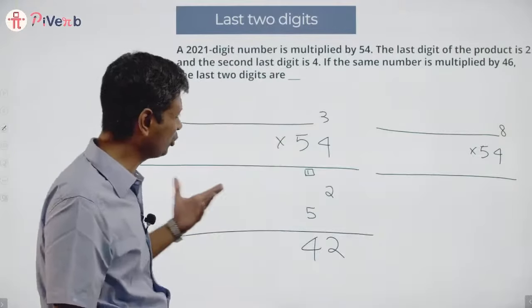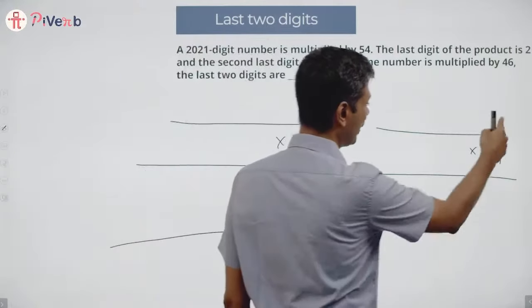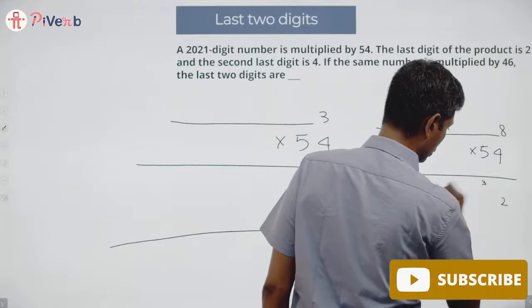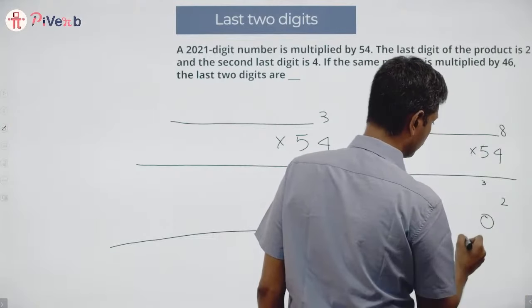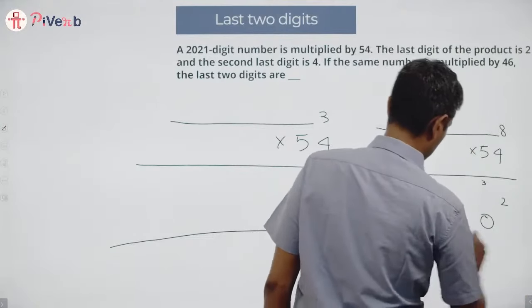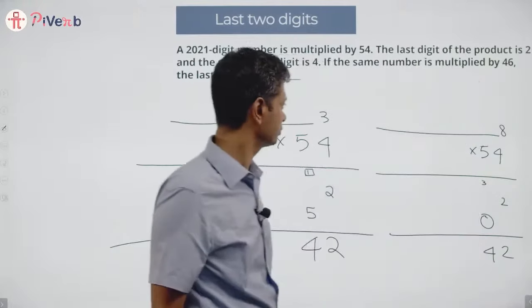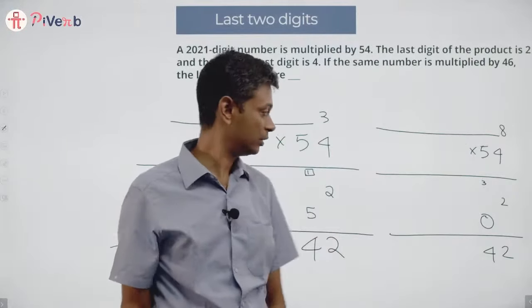Just writing down that product. Nothing more than that. Here, what could it be? 4 into 8 is 32. 2, 3 carried over. 5 into 8 is 40. 0. 4 carried over. My total is 42. The last digit could be 8 or 3. That much we know. That much we have inferred.